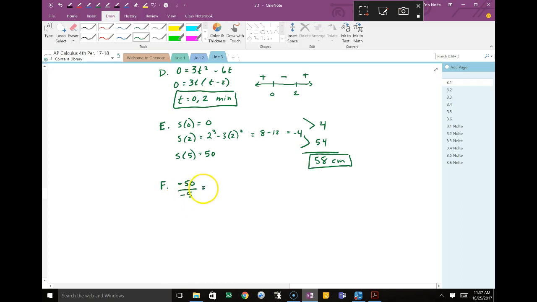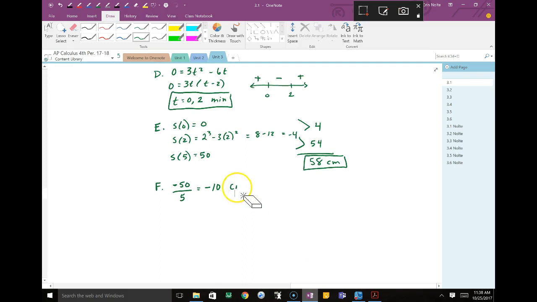Time elapsed is positive 5. So, negative 10. Average velocity, how do I label this? Centimeters, wow. So we're just doing velocity, centimeters per minute.